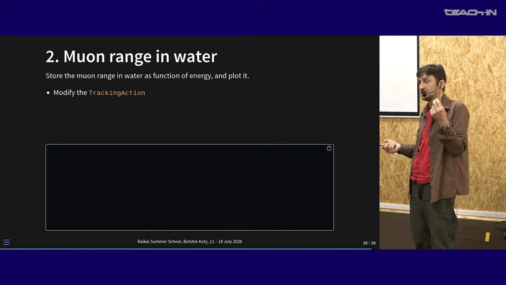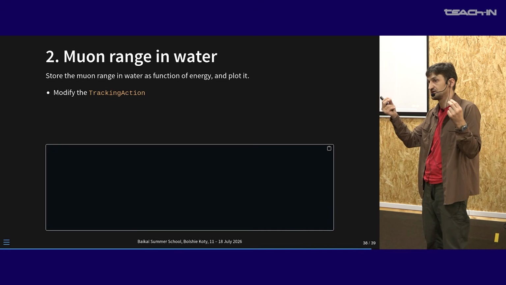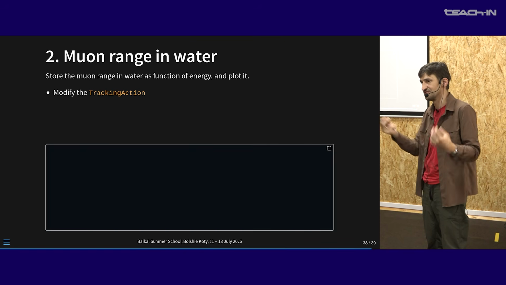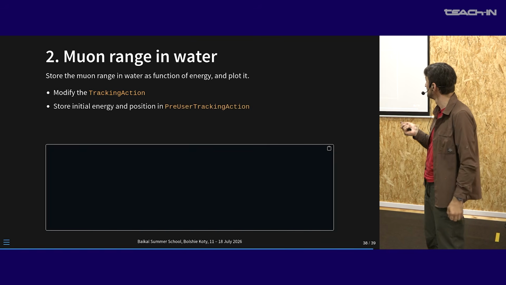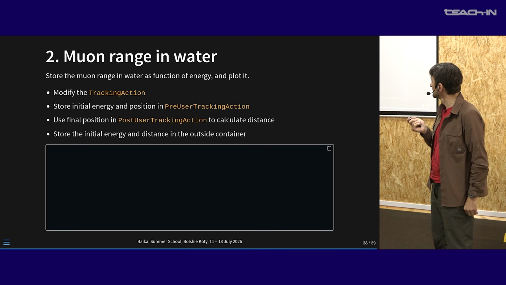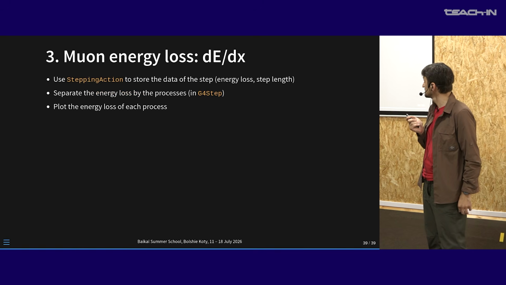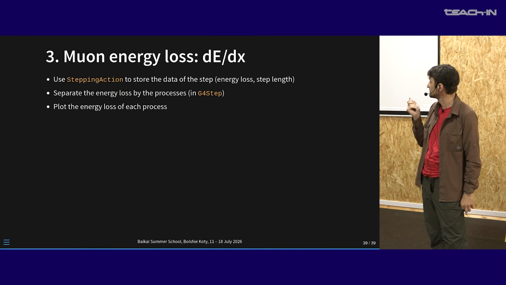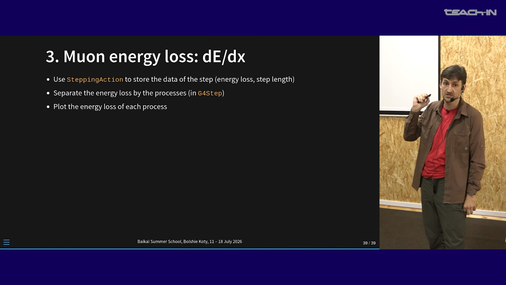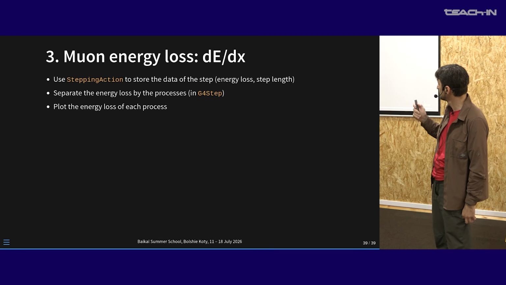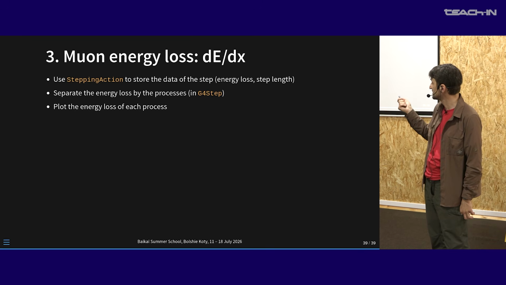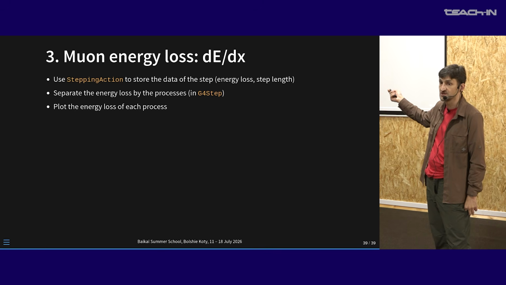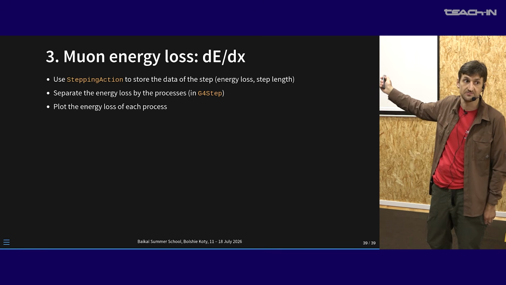We take the track at the beginning and at the end, and store its energy and the difference of its positions and plot it. And finally, it would be nice to have a muon energy loss and compare it to the PDG. So this requires working with a stepping action, and we get the information from each step. Also, it would be cool to plot the energy loss for each separate process. You can get the process name from the step as well.